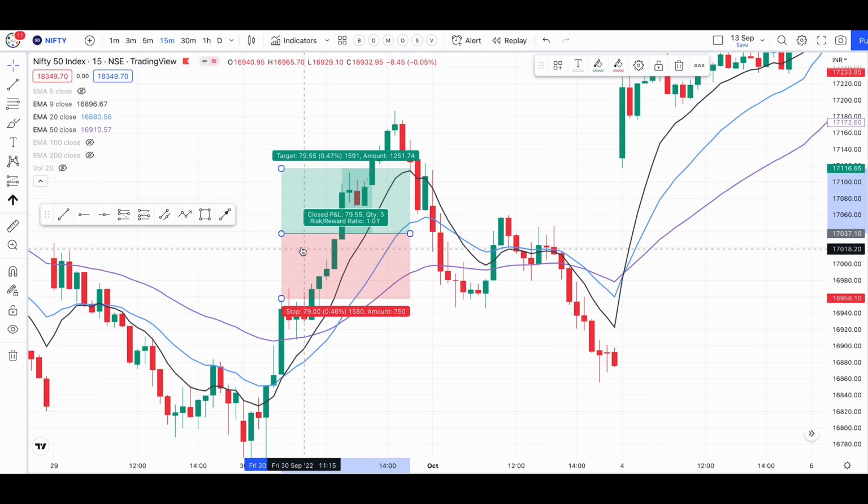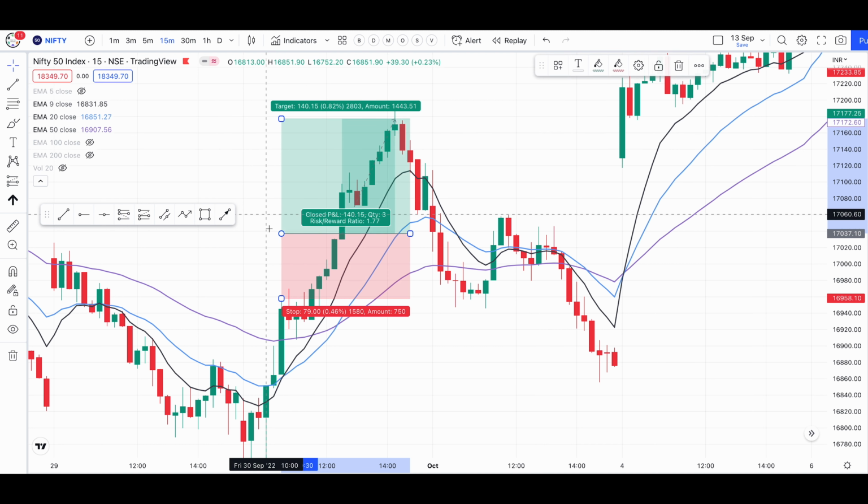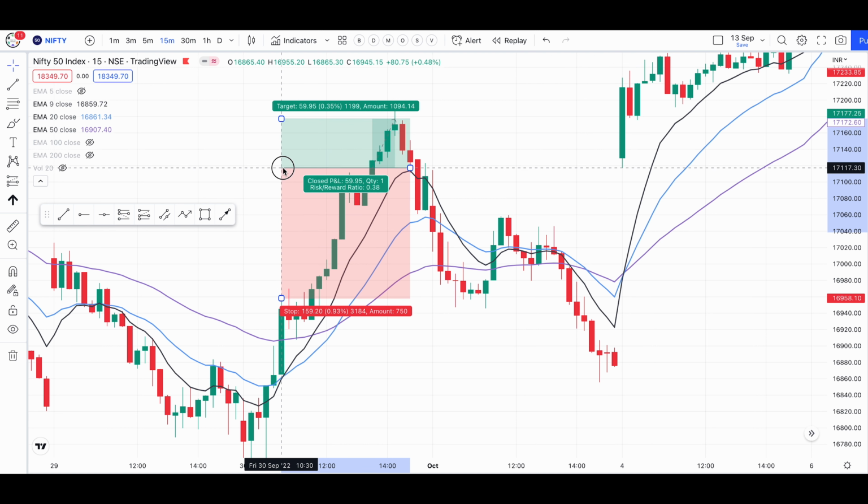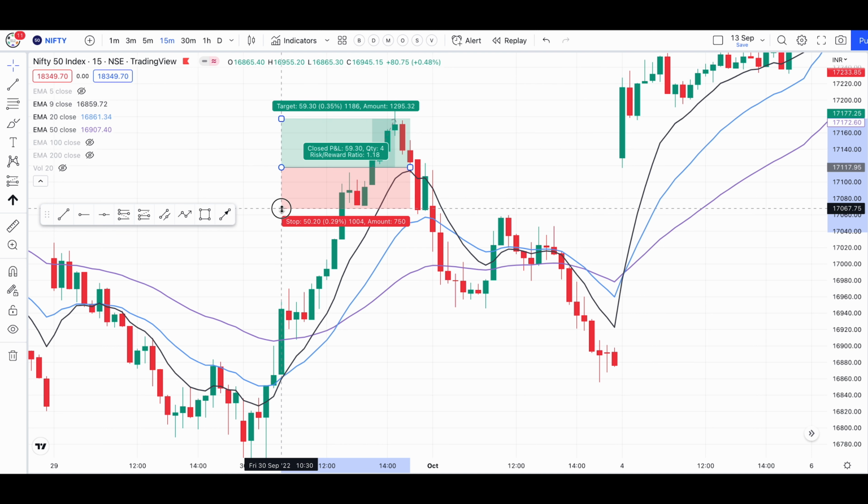Now you will get 1:2. After 1:2, move your target on top, and your trailing stop loss will be the next. So you made 3 trailing stop losses, and that's how you get the profit, and you can take the maximum profit over here. So that's all I have to discuss.